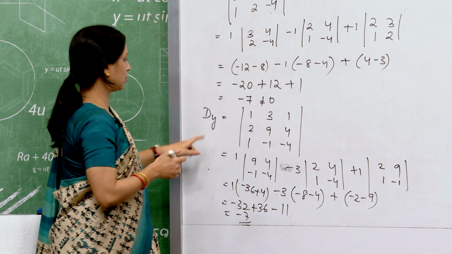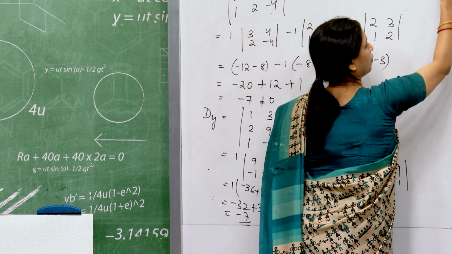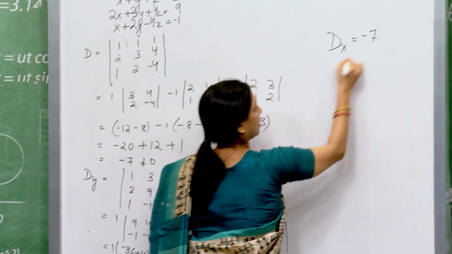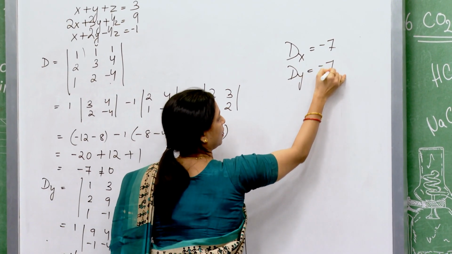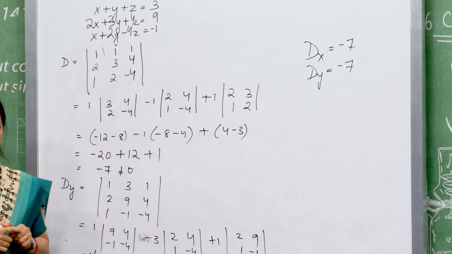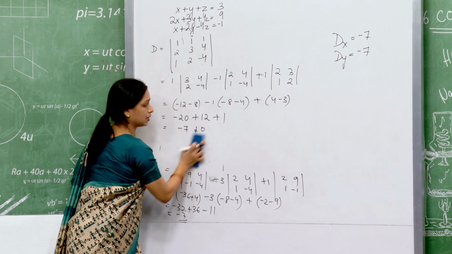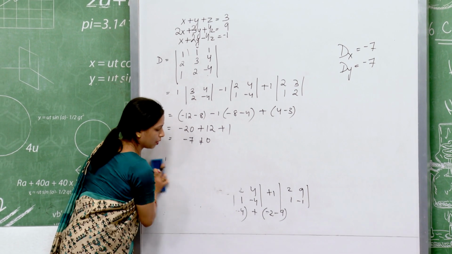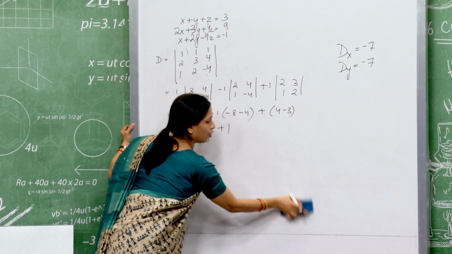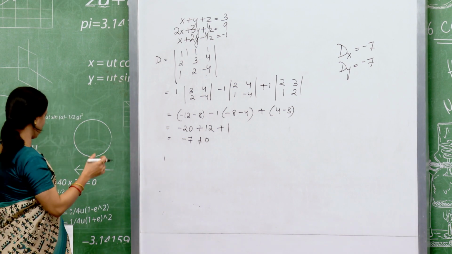Now we have got so far two values. So, dx value is minus 7, dy value is minus 7. Now, we have to find out dz. Again the same series of steps we have to follow. We have to substitute the coefficient of z with the known values.